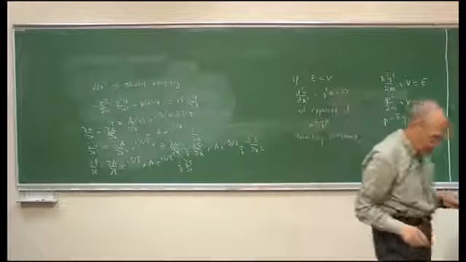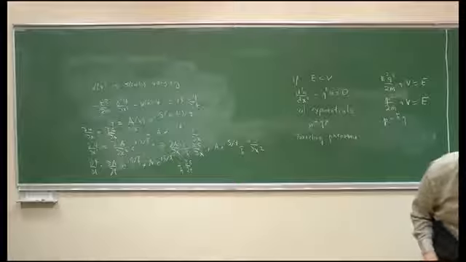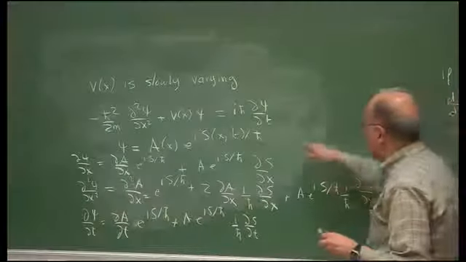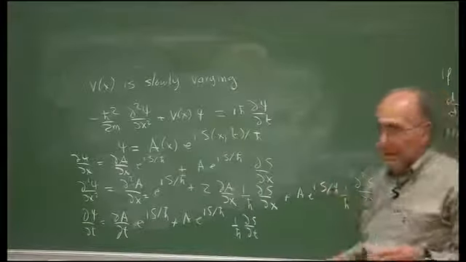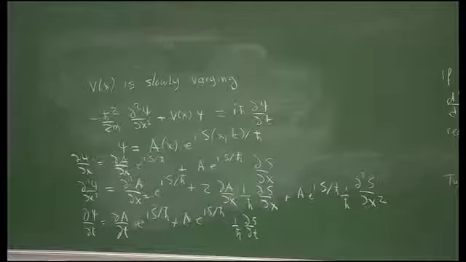And now we'll just write the equation. Okay, we'll just substitute this in the Schrödinger equation and take a good look at this blackboard, because I'll have to erase it in order to put that big equation onto the blackboard.